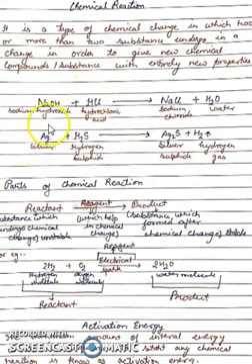Similarly, when silver reacts with hydrogen sulfide, it gives us silver sulfide and hydrogen gas. This type of change is known as a chemical reaction, in which we get a totally new substance with new properties.